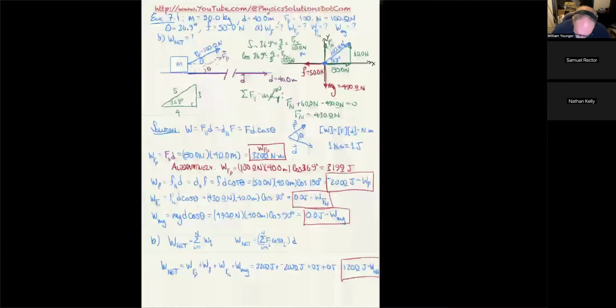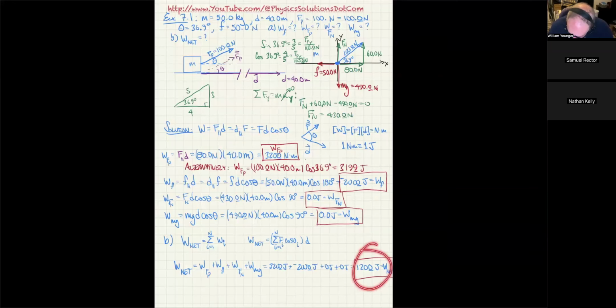Additionally, when we did the other one, W net was 1200, which tells us 1/2 m v final squared minus 1/2 m v initial squared, which was zero, is equal to 1200 joules.